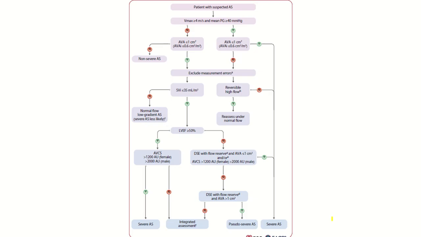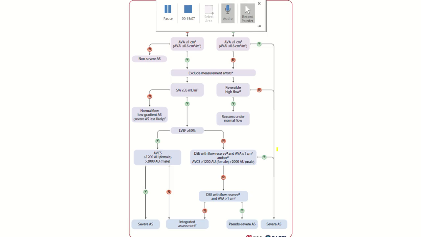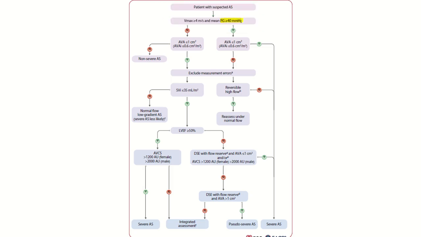Let's review the guidelines. The guidelines entail that whenever you have discordant data, you have to exclude measurement error. For this patient, we have a pressure gradient above 40 and Vmax above 4, so we have a high gradient. However, we have an aortic valve area that is normal.